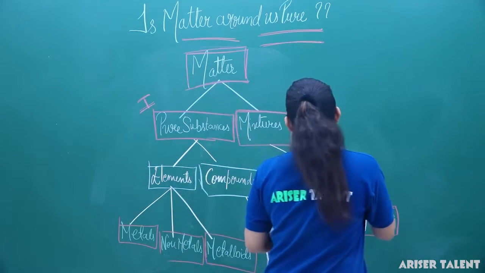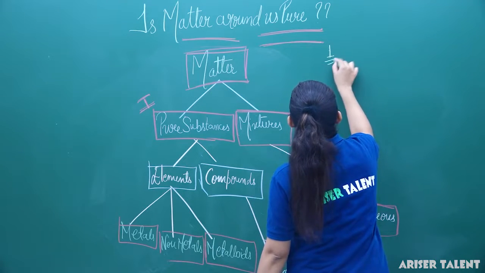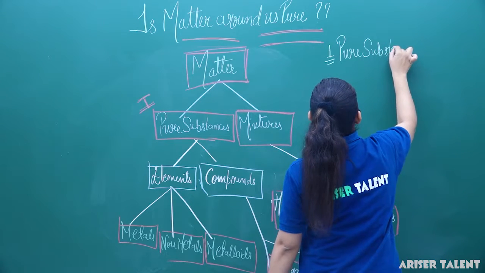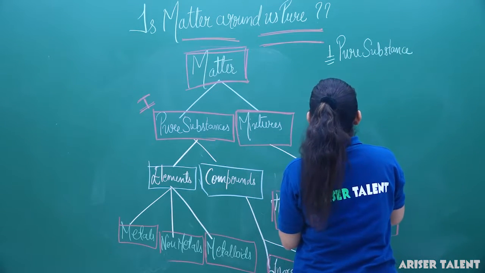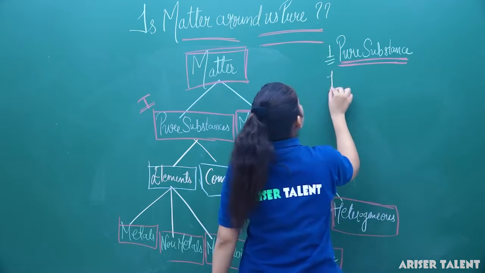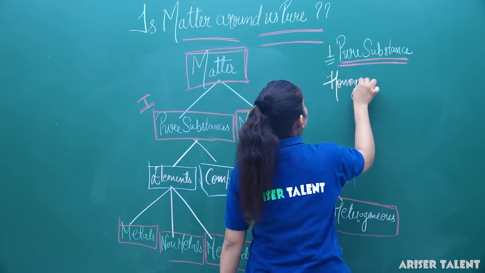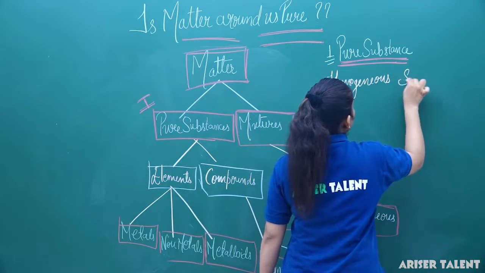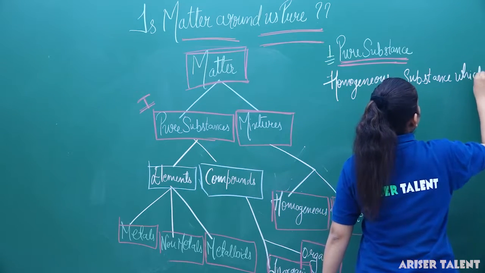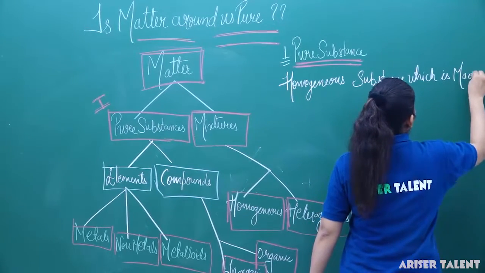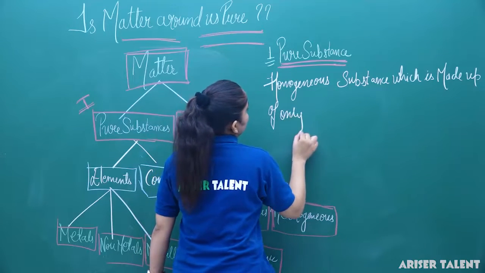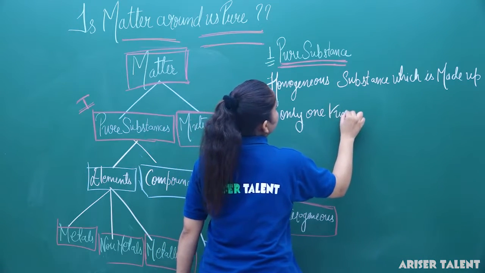So let us write some important definitions here. The first one is about pure substance. So now what is pure substance? Pure substance is a homogeneous substance which is made up of only one kind of particle.